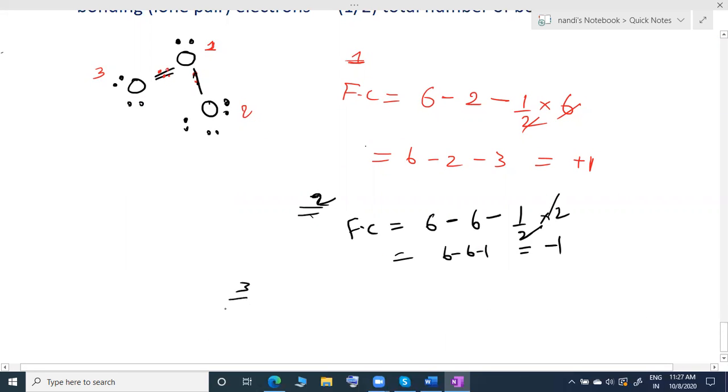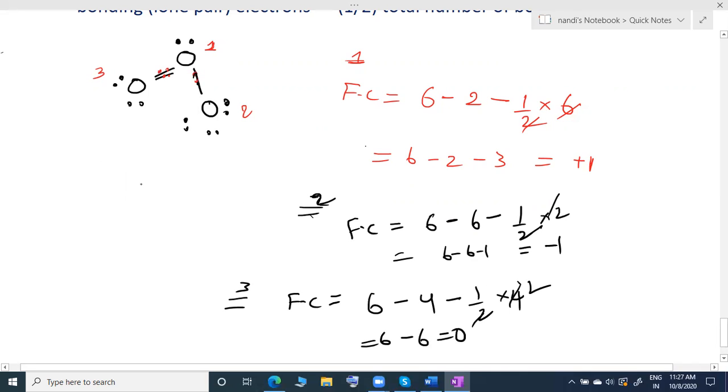Then oxygen 3 formal charge. You can write 6 electrons minus 4 electrons because 2 lone pairs are there, minus half into 4 electrons here. Each bond is 2 electrons, so 4 electrons. How much do we get in total? 6 minus 6 equals 0.